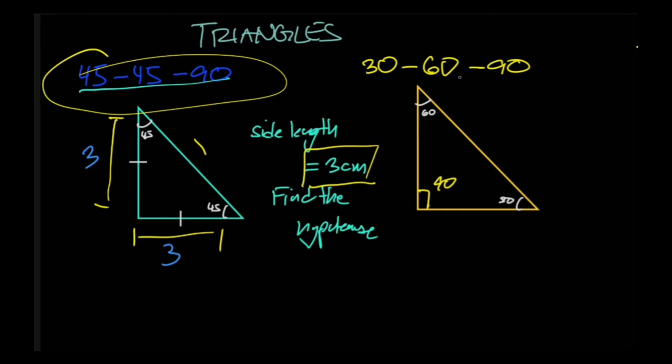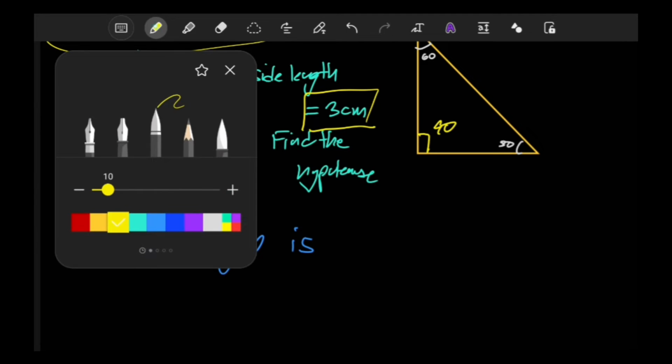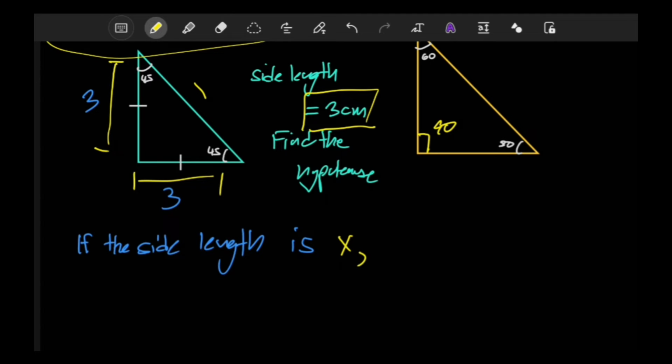What does the theorem state? It states that in the 45, 45, 90, if the side length of the triangle is x, and then the hypotenuse, let's say hype for short, is x times the square root of 2.